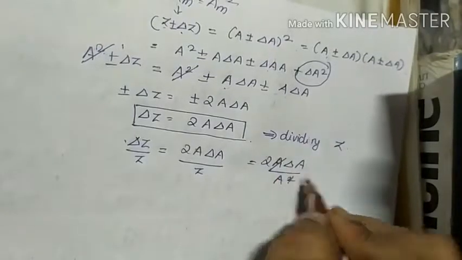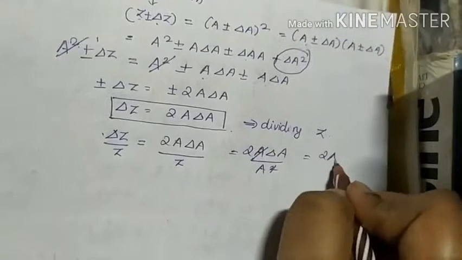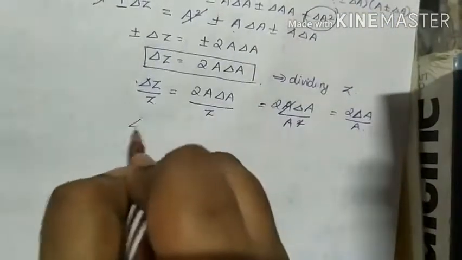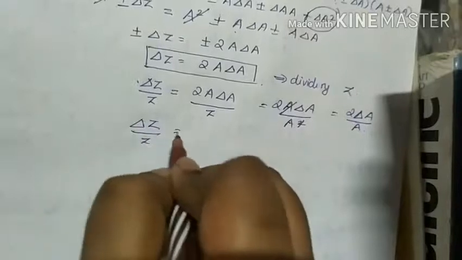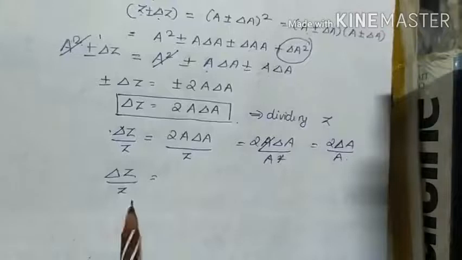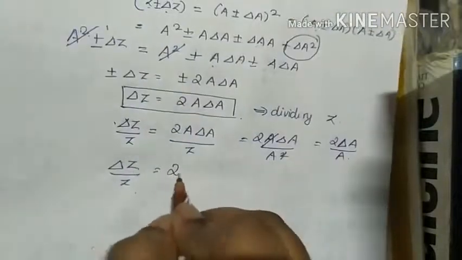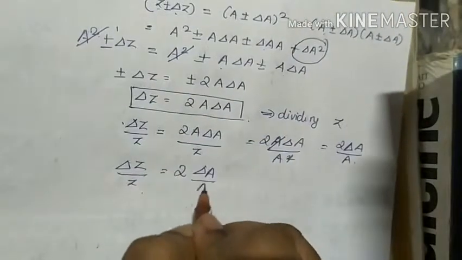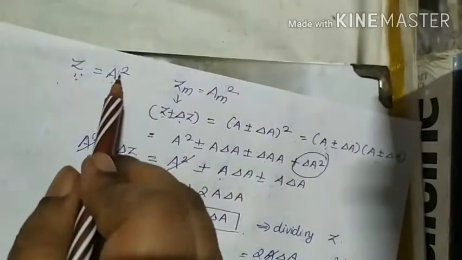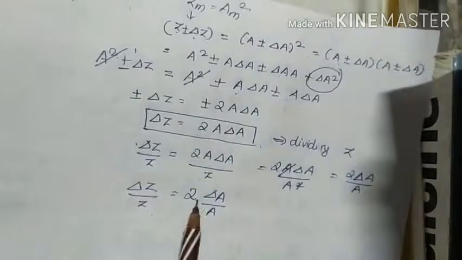I can cut one a, so it becomes 2 delta a by a. Now see, what is the end result? Delta z by z, that is this answer's relative error, is equal to twice the relative error of the base. This is its exponent, this is its base, twice.